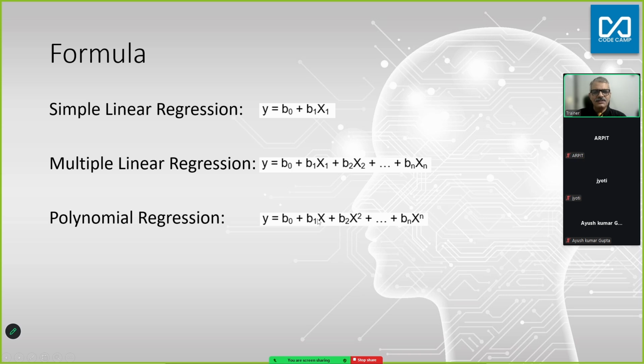Here we are using the same variable. In multiple regression the variables are x1, x2, xn, different variables, but here we have the same variable x, while the power is changing: power 1, power 2 and power n.